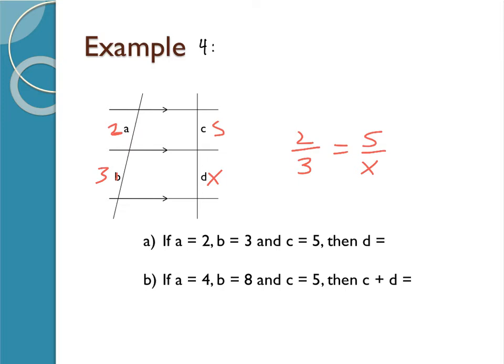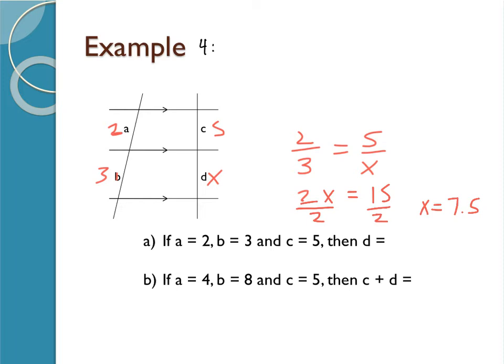Now what do we do to solve for x? Cross multiply. 2x is equal to 15. Then we divide by 2. And x is equal to 7.5.